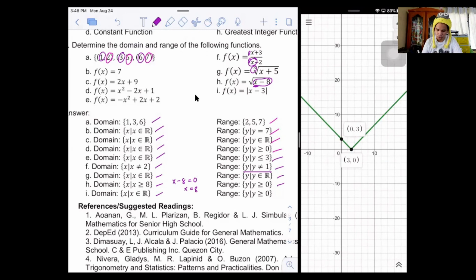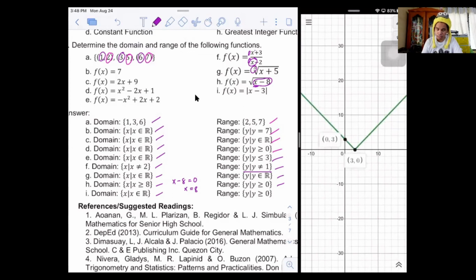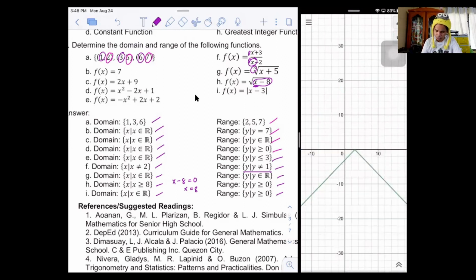But for the range, we have noticed the smallest value that it can take on for y is 0. That is why, pero kung, say, ito, eksperimentuhan ha, if we are going to put a negative outside, mabaligtad ang graph ni absolute value. Okay? So there you have it, guys.